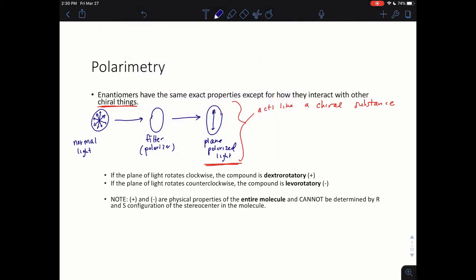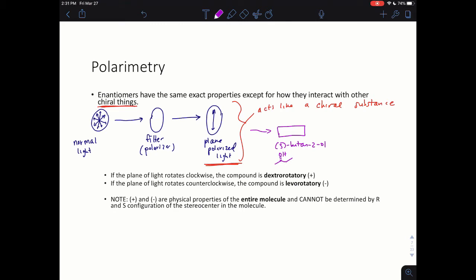I think I'll just show you up here at the top. I could take this plane polarized light and put it through a solution of some chiral substance. So let's try S-butan-2-ol that we've been talking about quite a bit in our videos. This is a chiral substance. Let's say we have an enantiomerically pure solution of this substance.